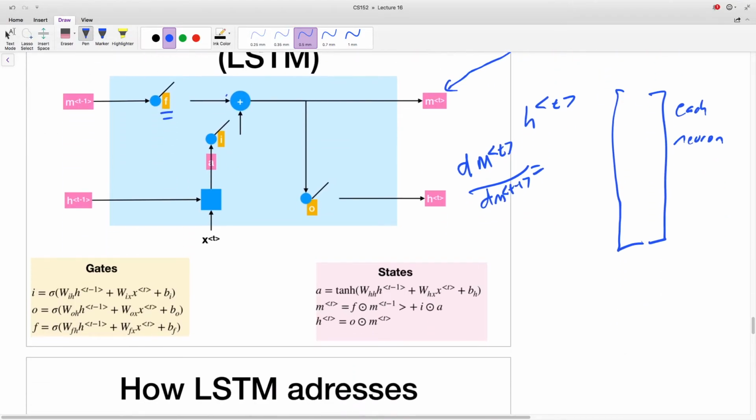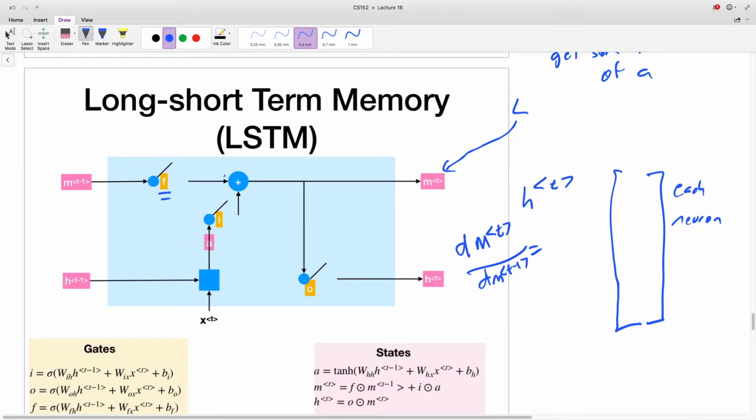Let's actually pull up the equations and just see. So m is equal to f times m of t minus 1 plus I times a. There is a path going through a, but we don't care about that right now. From here to here, it's a straight shot. We can just directly go back, and we just have a factor of how much?